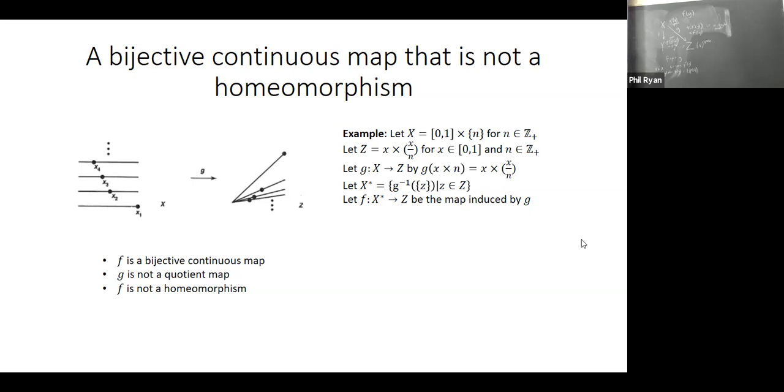So let's consider this sequence of points. Let xn equal 1 on n cross n.